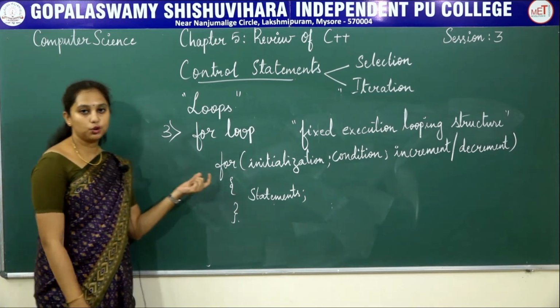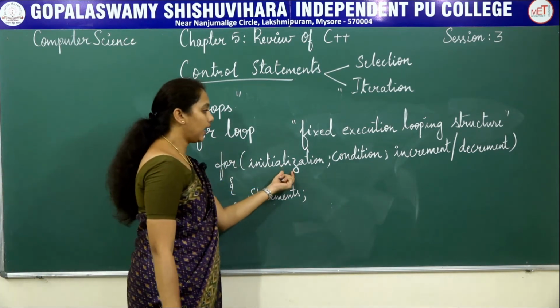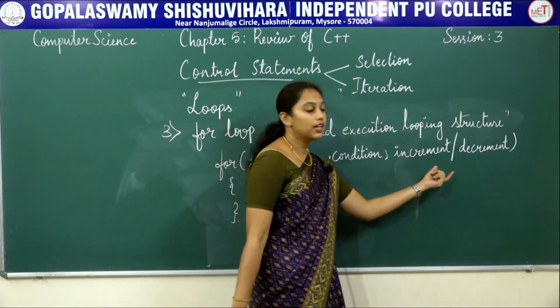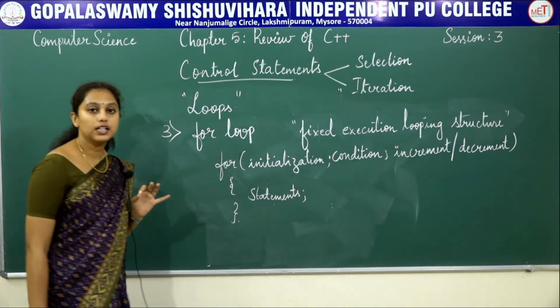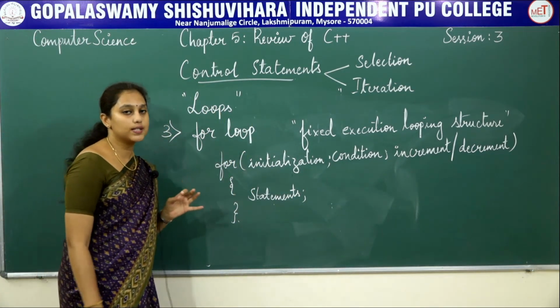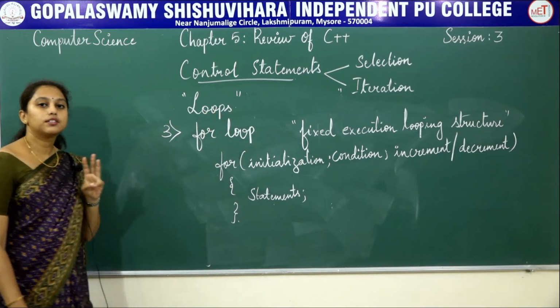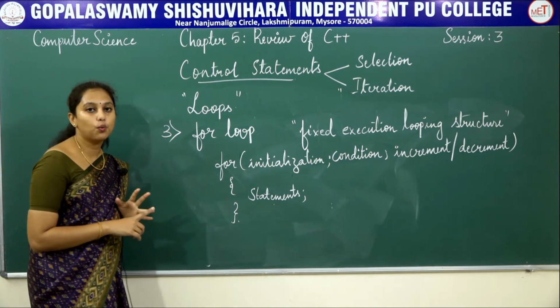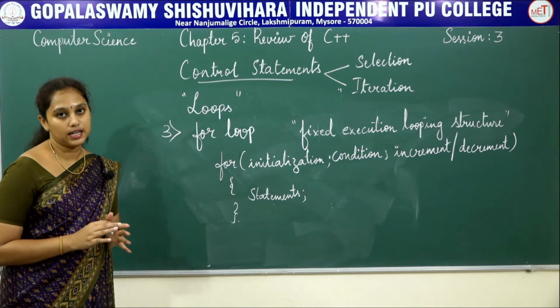So in for loop, in a single line, it gives us the initialization, condition, and increment or decrement statements. So what are iteration statements? Iteration statements are also called as loops. In loops there are three types: while loop, do while and for loop. So this is about control statements.